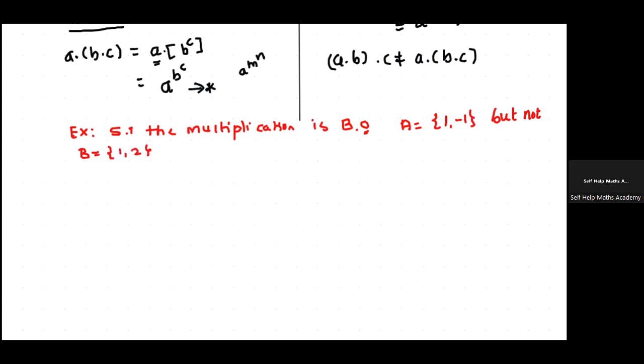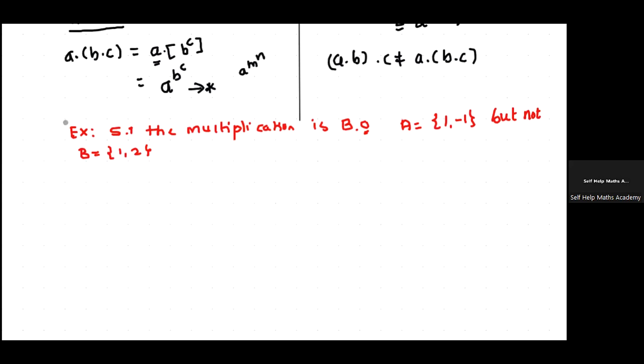Here the question is, we need to check whether the ordinary multiplication is a binary operation in this set or not, but it is not the binary operation on this set. That's what we need to check. Let's see how we check it.